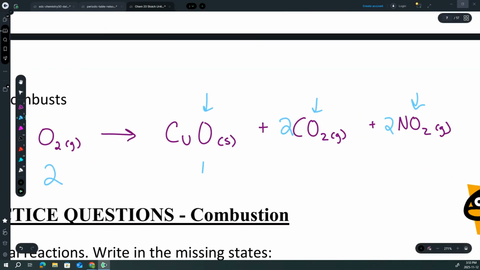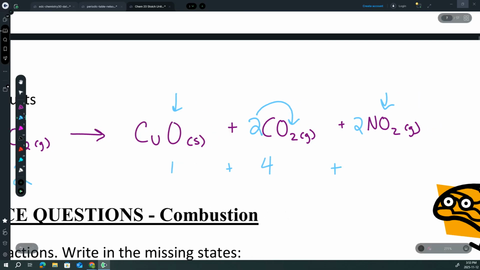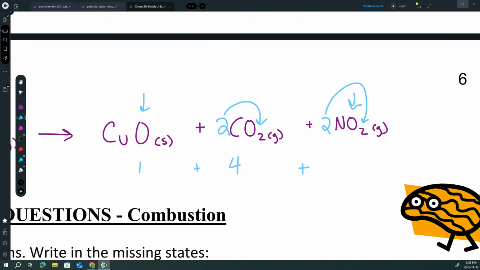So we have 1 from here. We have 2 times 2, so that's 4 coming from this source. And then we have 2 times 2 coming from this source, so 4. So we have 9 oxygens in total.